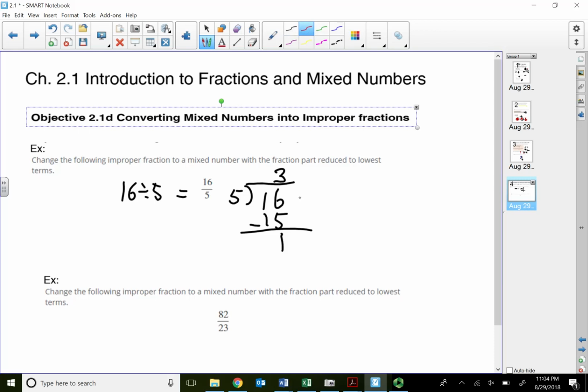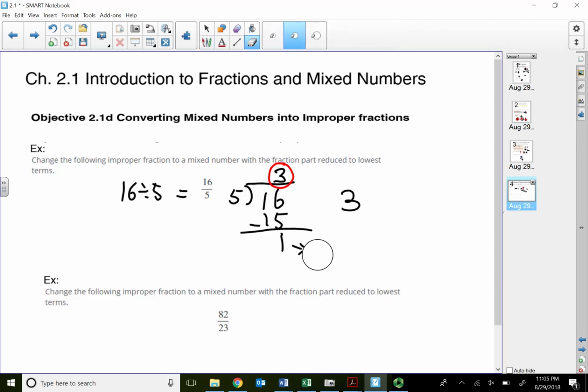Since I got a remainder of 1 and my quotient up top is 3, the quotient on top becomes my whole number. The remainder becomes the numerator of the mixed number. So that's why my answer is 3 and 1 over the original denominator, the divisor 5.